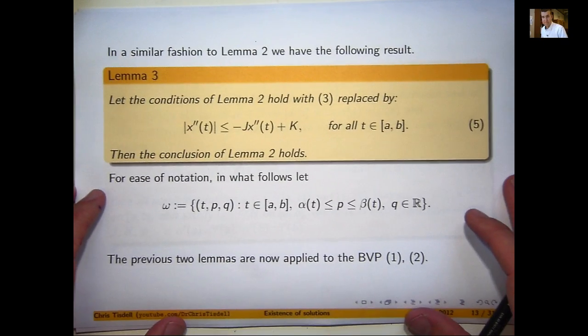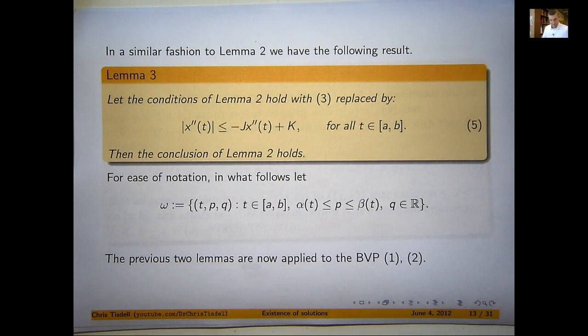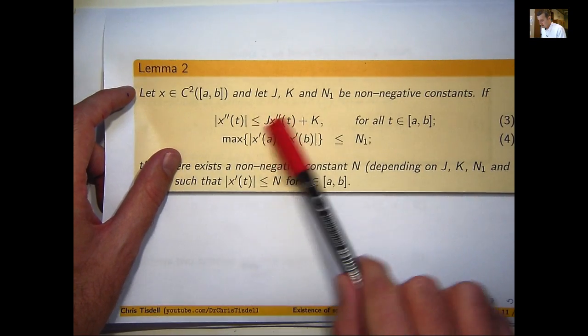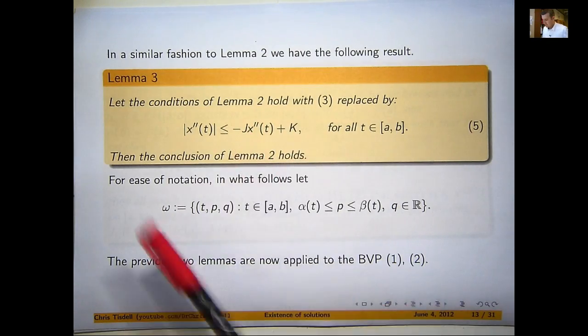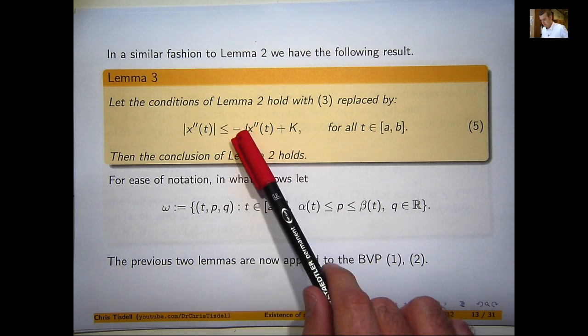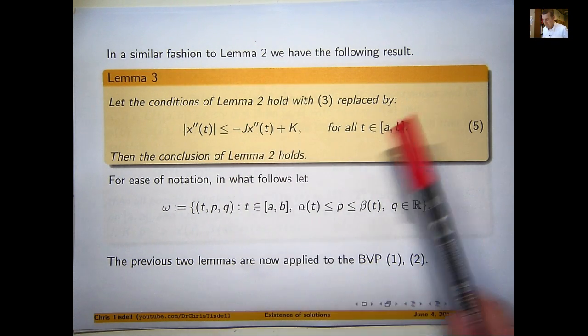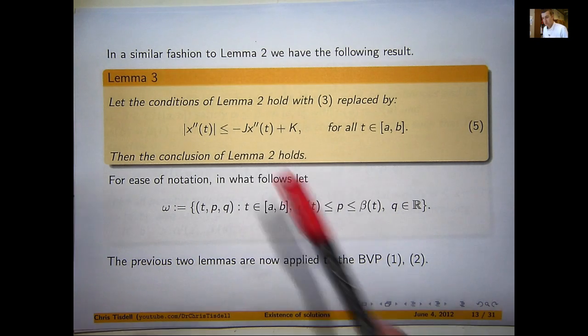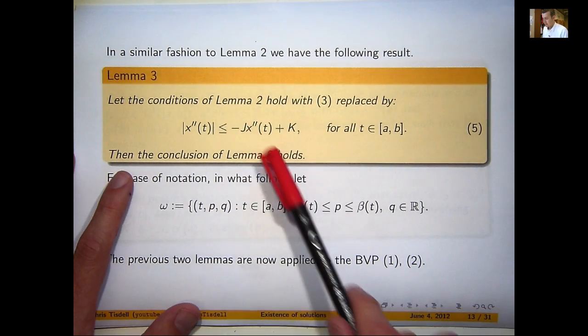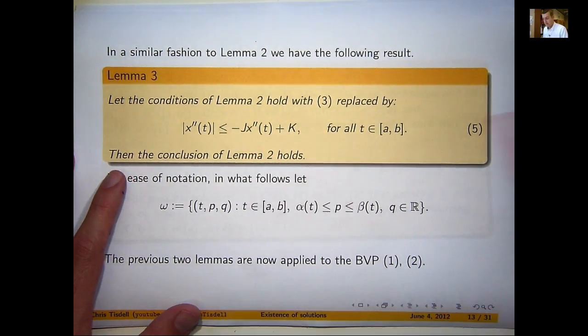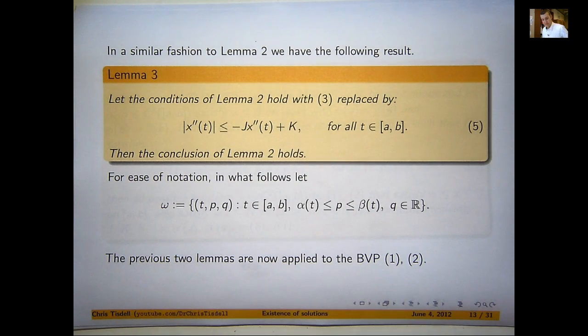Okay, well, you can modify the proof of that, and instead of having this inequality here, you can have a negative sign, and where j is some non-negative number. Again, the non-trivial case is when j is positive, and then you can just follow the proof of the previous result through and get the same bounds.